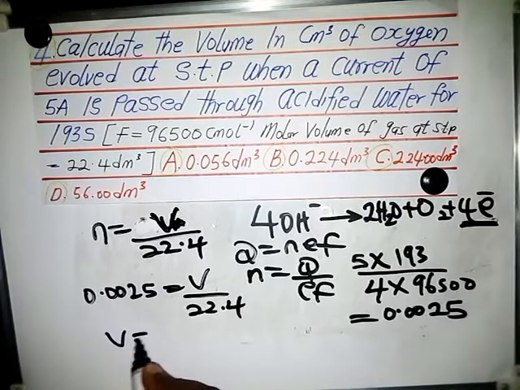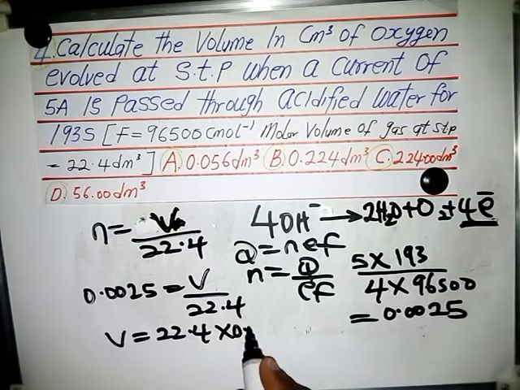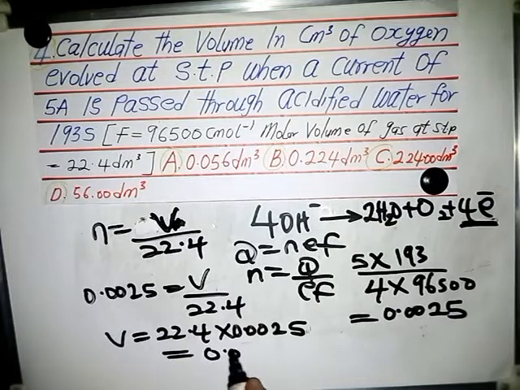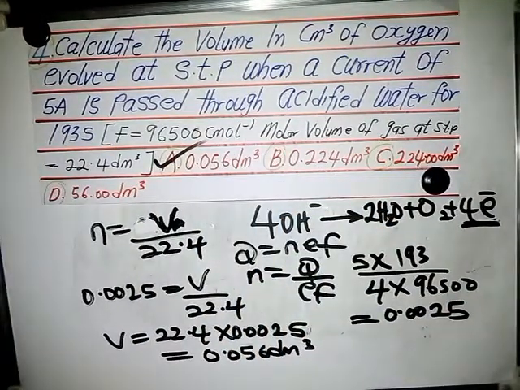So V will now be equal to 22.4 times 0.0025. Everything together, you should get 0.056 dm cube. So the answer will be A.